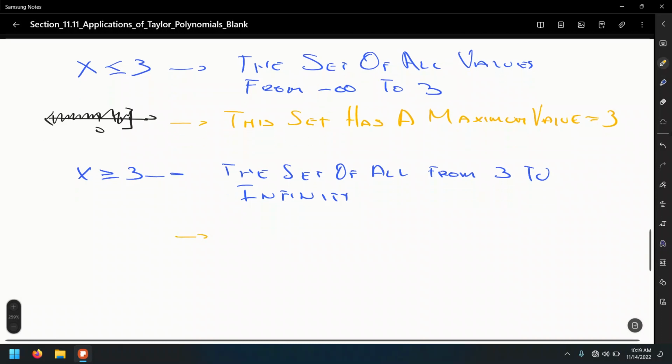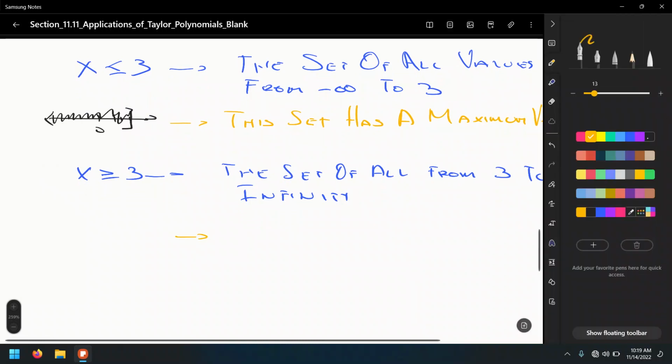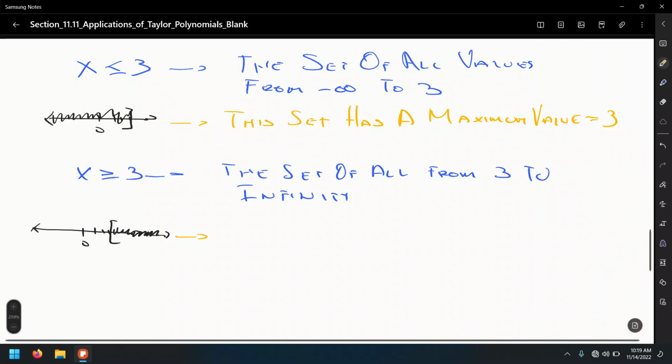On the other hand, for the other inequality, 0, that's 1, 2, 3. So that's just going to go this way. And in this case, this set, which starts at 3, 4, 5, 6, 7, infinity, this means this set has a minimum value of 3.